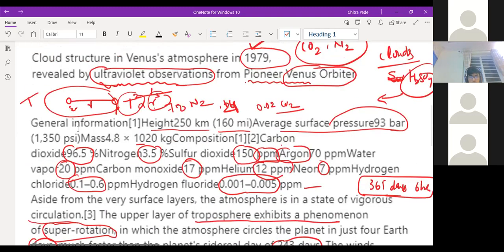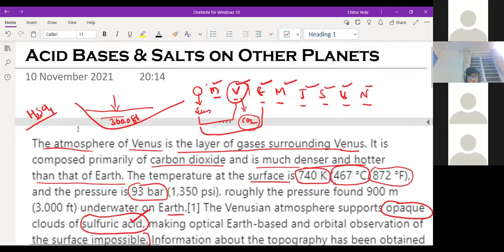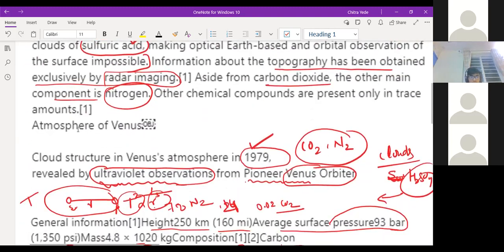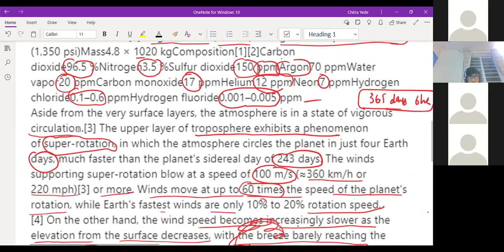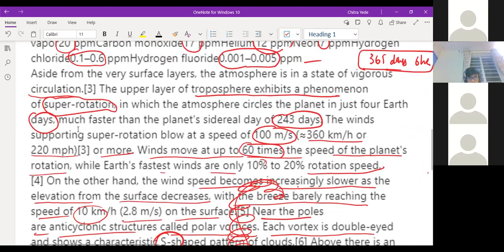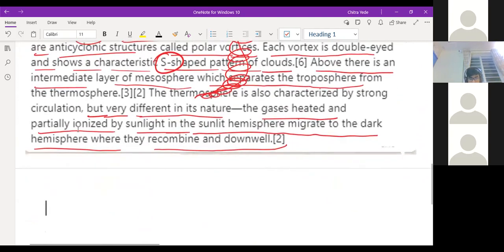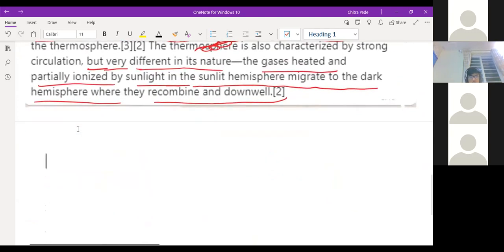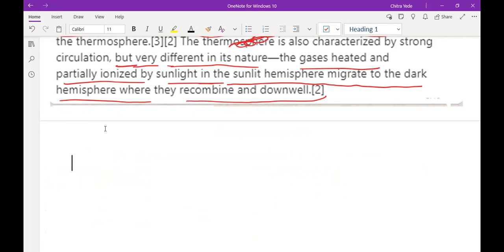So we conclude that no life is possible, because the temperature is also very high, more than 400 degrees Celsius. We cannot survive in summer even at temperatures of 40 to 60 degrees. So how can life survive on Venus at a temperature above 400 degrees Celsius? Life won't be possible on Venus.